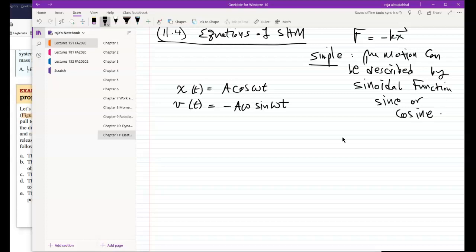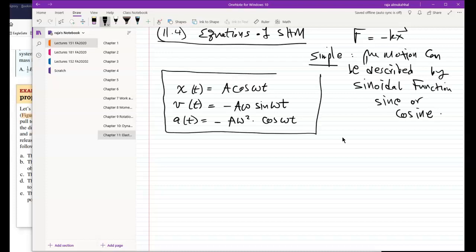Okay, and then the acceleration is the derivative of the velocity, and that's acceleration a of t is equal to minus A omega squared times cosine omega t. So these are the equations that describe the motion of an oscillating system. Okay?